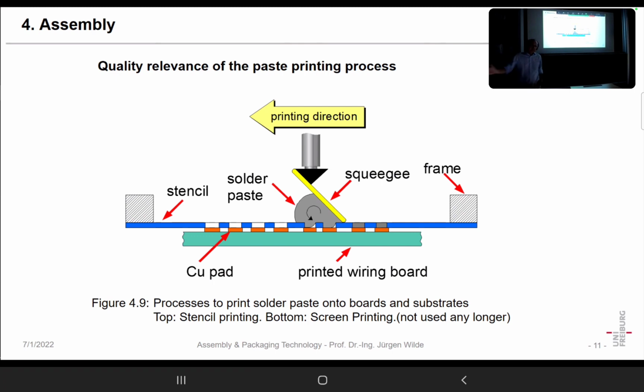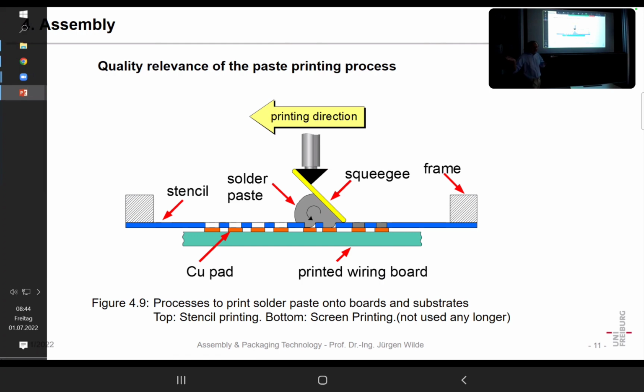We can shift it in only one direction, or we can shift it back and forth. And in that way, the paste is pressed through the openings, and then the stencil is taken away, and so the solder paste stays on the locations which are to be soldered. So typically, the copper pads or the tin coated pads should be covered completely with the solder paste.